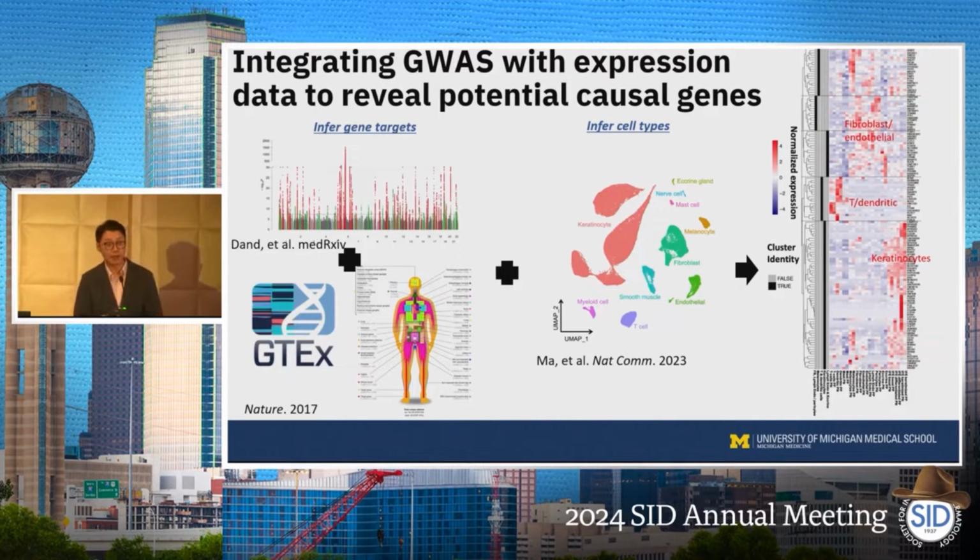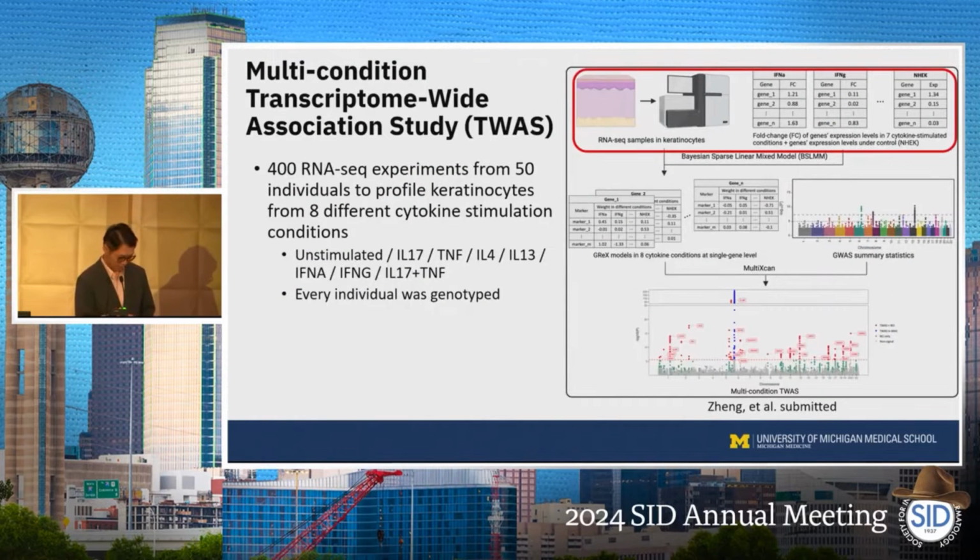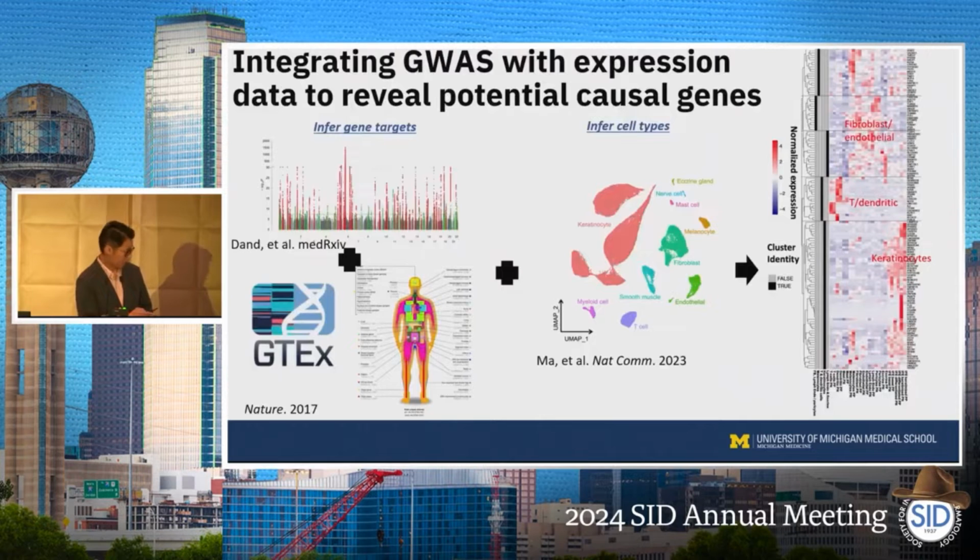Once we identified potential gene targets for these over 100 loci, we integrated them with our single-cell data to see what the expression profiles look like. In the heat map on the right, the y-axis represents all the potential GWAS targets and the x-axis represents different cell types. The reddish color represents high expression.